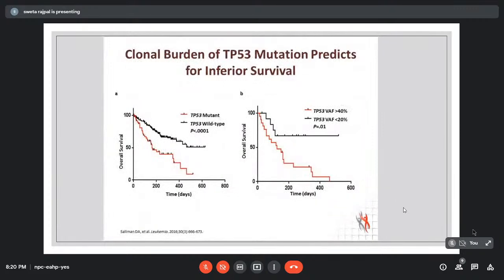And apart from the number of mutations and type of mutations, even the amount of mutation, the clonal burden, is also important. Especially in the case of TP53, when the TP53 VAF is more than 40%, they do very badly when compared to a TP53 VAF less than 20%.